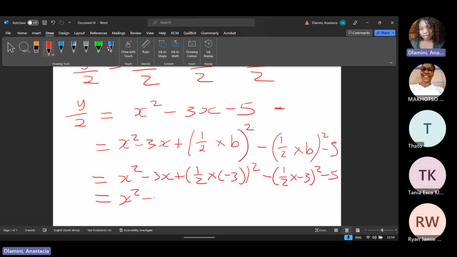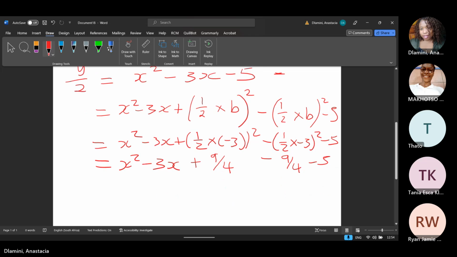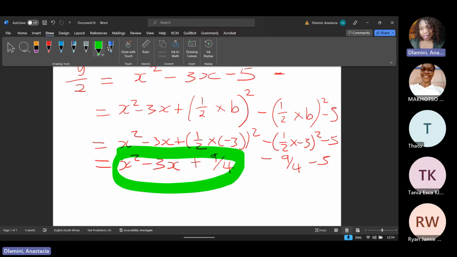That equals x squared minus 3x, and then this will be plus 9 over 4 minus 9 over 4 minus 5. So now you take this part and factorize, and then add or subtract these two.